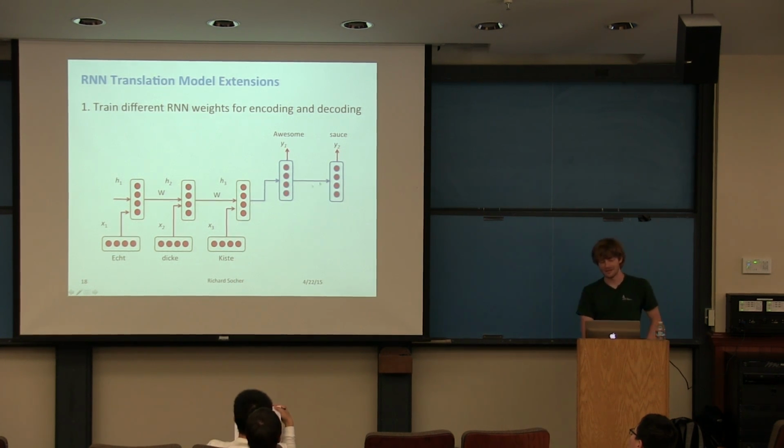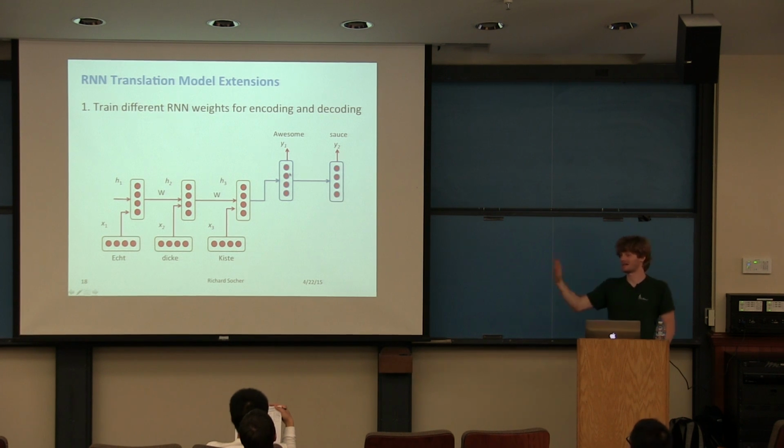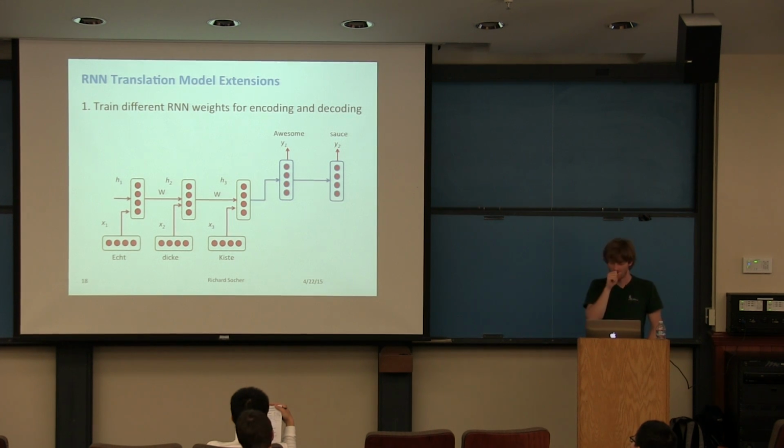And now that decoder, for instance, could also be pre-trained as a language model, so it would just, in general, predict reasonable English phrases, even if it wasn't conditioned on anything. But if your parallel corpora are large enough, you don't necessarily have to do that. OK, so this is the first extension.